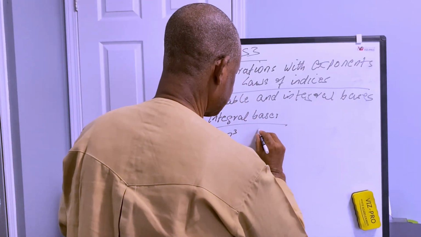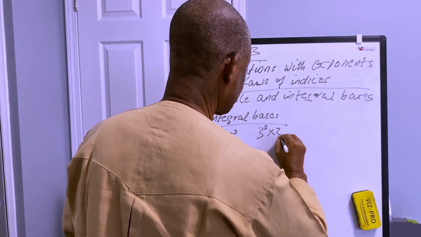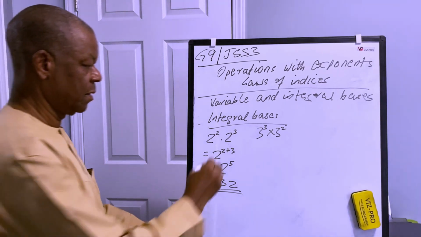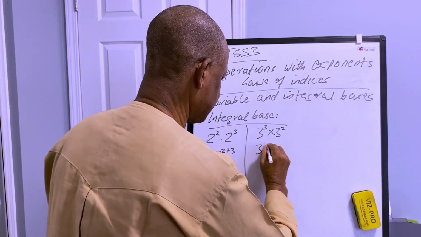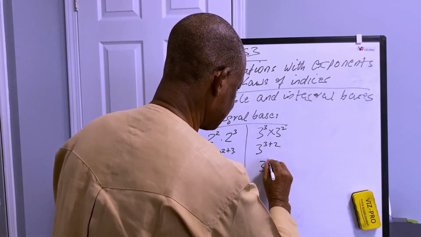We can also treat 3 raised to power 3 times 3 raised to power 2. This gives us 3 raised to power 3 plus 2, which is 3 raised to power 5.